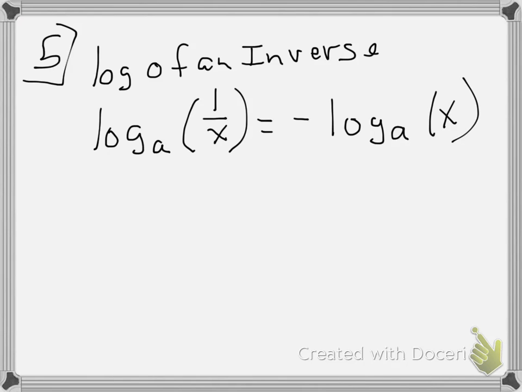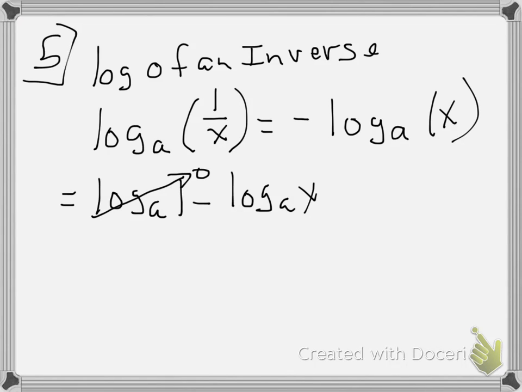Now this one should kind of make sense from that second one and the fourth one, because we could think of this as the log base a of 1 minus the log base a of x. Well, we know that the log base a of 1 is 0. So it just becomes negative log base a of x.